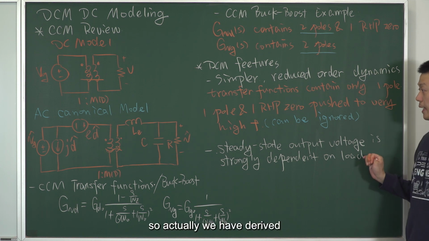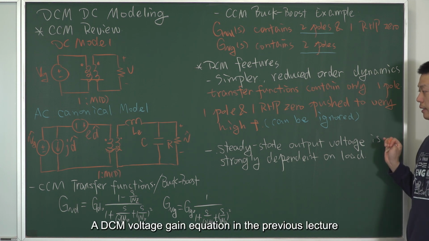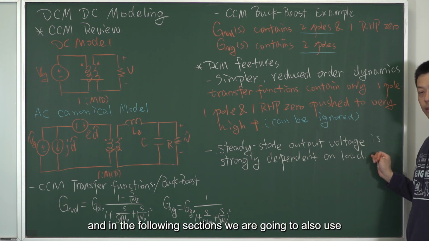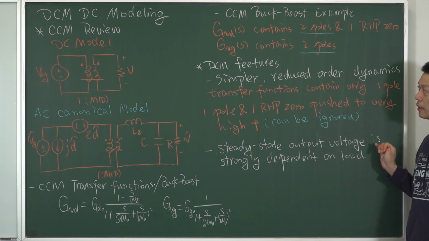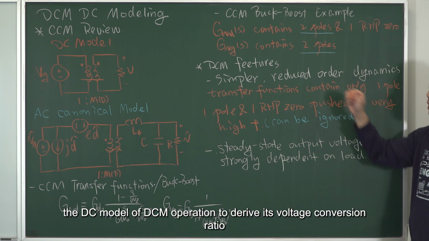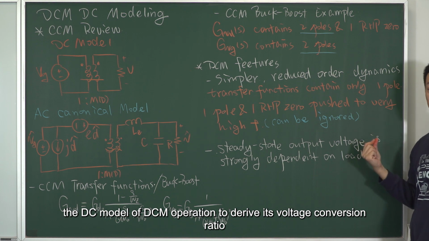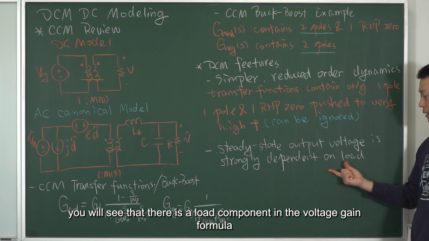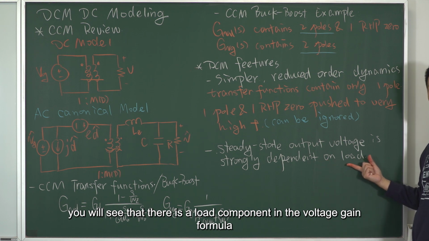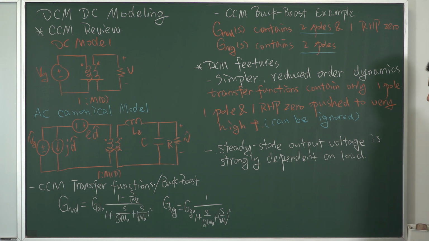Actually, we have derived a DCM voltage gain equation in the previous lecture. And in the following sections, we are going to also use the DC model of DCM operation to derive its voltage conversion ratio. You will see that there is a load component in the voltage gain formula.